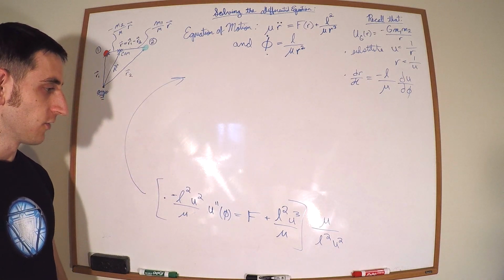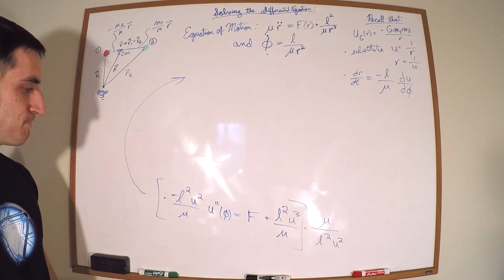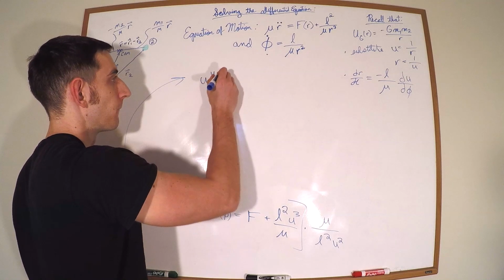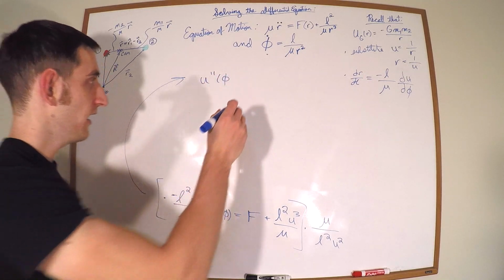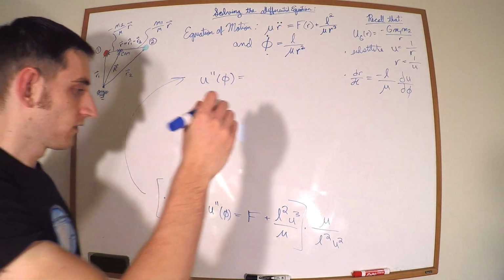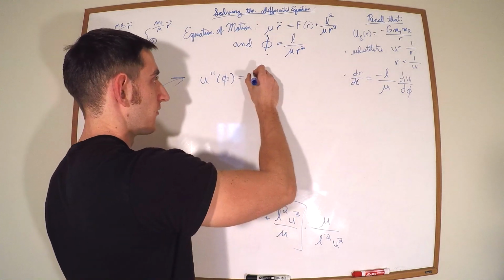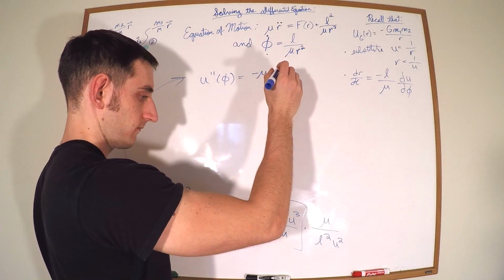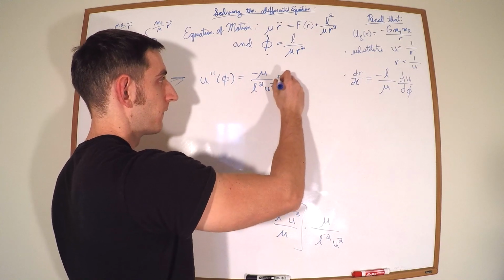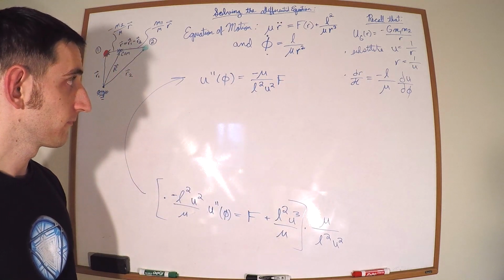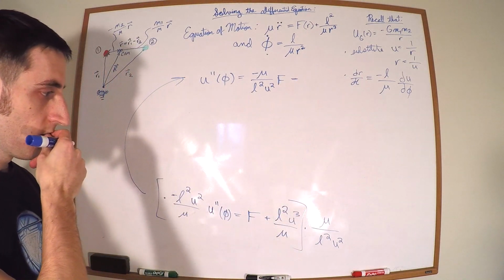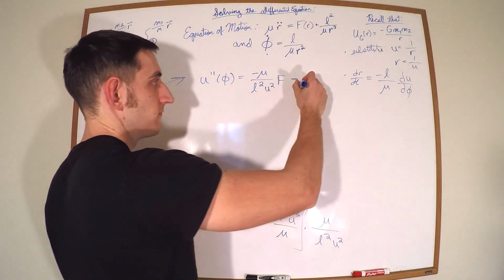All right. So when we do that, what we end up with is we isolate our u double prime, and that's just going to be equal to negative mu over L squared u squared F minus L squared.